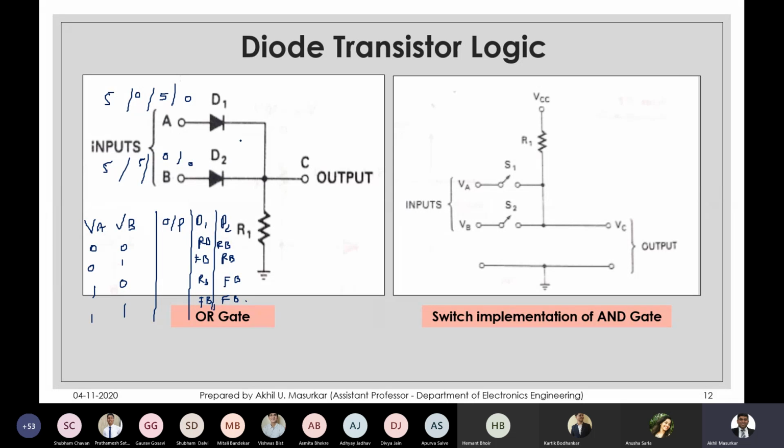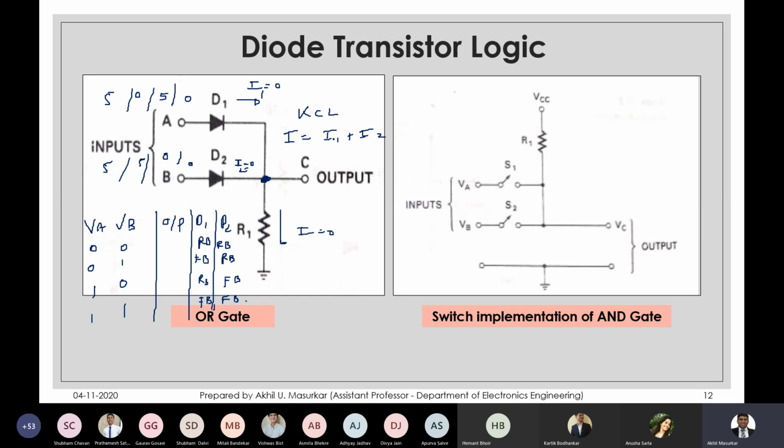Now in case both are reverse biased, the current flowing through this, I, is going to be 0 because the current in this branch is 0, the current in this branch is 0, and as you know this is a node in a circuit. By KCL, this is I1, this is I2, so I is equal to I1 plus I2.